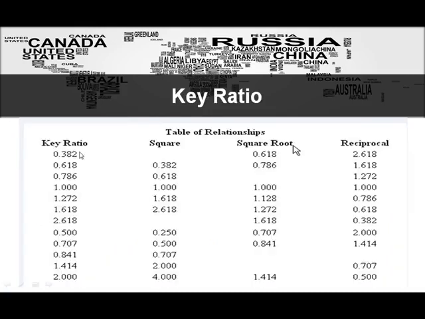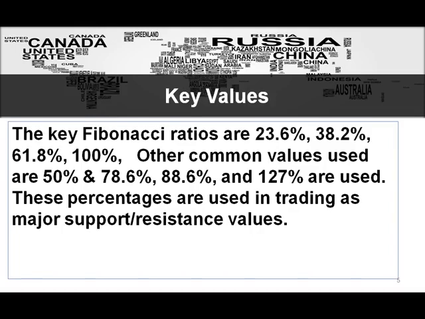If you look at the key ratio values, they're right here. You could do square roots and stuff like that. These are key values that you could see based on Fibonacci's. Now, the key Fibonacci ratios are basically right here: 23.6, 38.2, 61.8, 100%.